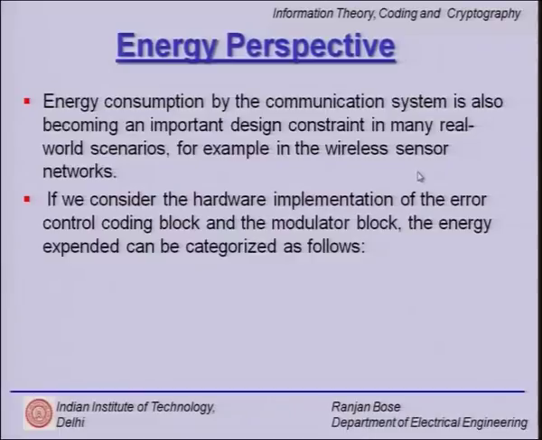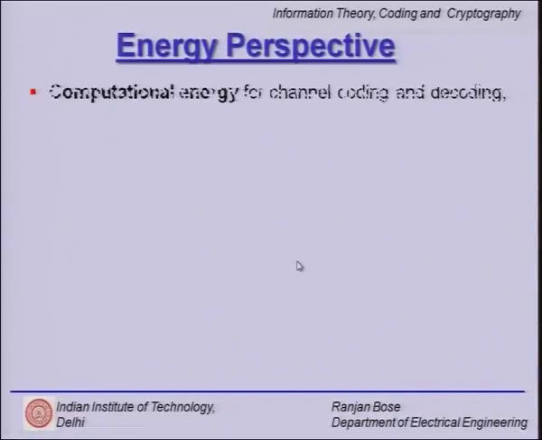If you look at situations like wireless sensor networks, where we are necessarily limited by the energy available, we must take it into consideration. Now, if you consider the hardware implementation of the error control encoding block and the modulator block, the energy expended can be categorized as follows.